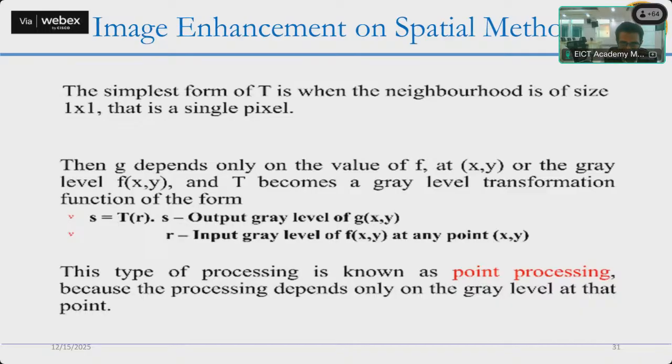Why is transformation required? For example, if I see a blurred image and I am unable to differentiate the different regions in that image, what should I do?